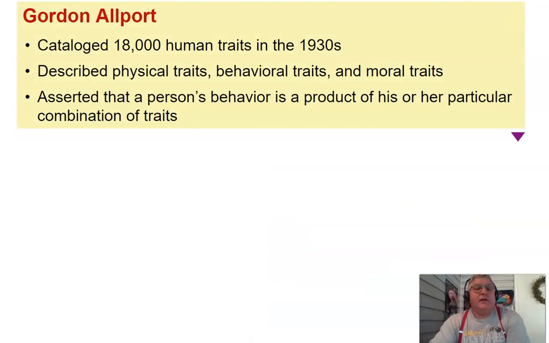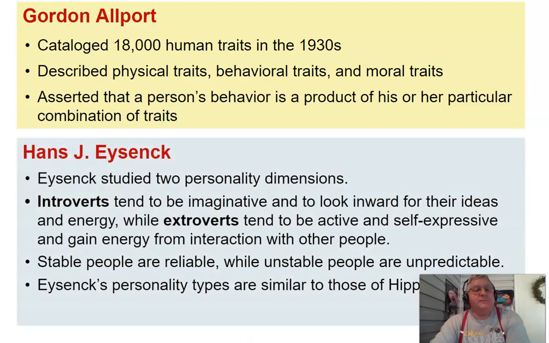Gordon Allport cataloged 18,000 human traits in the 1930s. He described physical traits, behavioral traits, and moral traits. Gordon Allport asserted that a person's behavior is the product of his or her particular combination of traits.